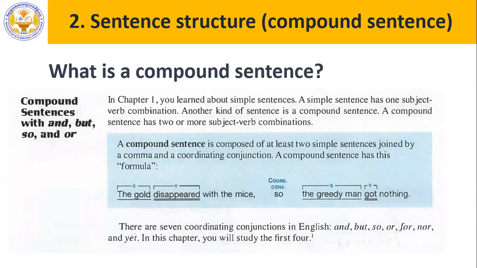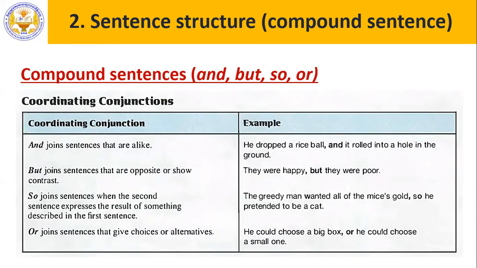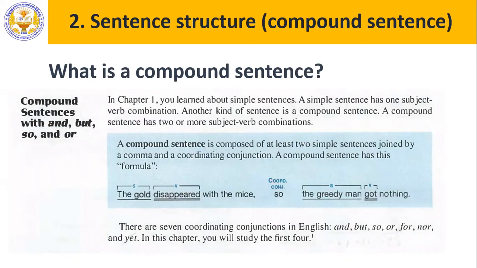The goat disappeared with the mice, comma, so the greedy man got nothing. You can see that we have 2 SV, or we can say 2 simple sentences joined together by a comma and then the coordinating conjunction, so.